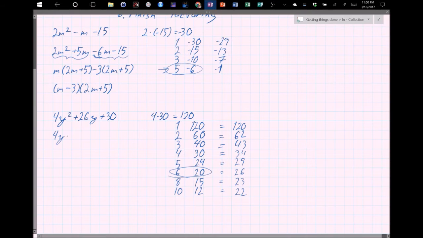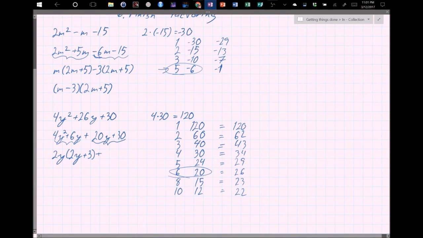So 4y squared plus 6y, here's my rewrite, plus 20y plus 30. I'm going to factor out my common factors from this pair, my greatest common factor over here. Oh, I forgot my squared. It's going to be 2y. That leaves me with a 2y here plus 3.